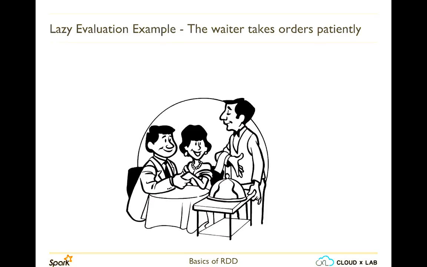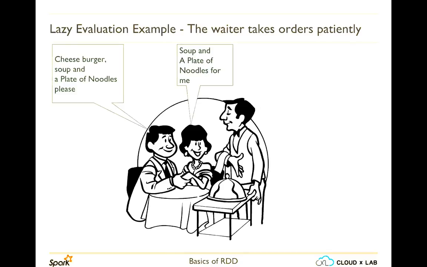All right, an easier way to understand it is this way. Imagine that you are in a restaurant, and there is a waiter, right? And let's say a person says, give me a cheeseburger, soup, and a plate of noodles. And there is another person who says, give me a soup and a plate of noodles for me. So here the waiter is patiently or sometimes lazily waiting for your orders.